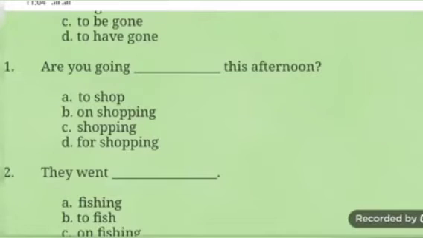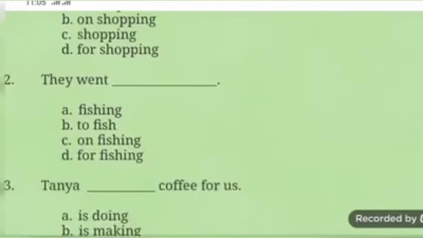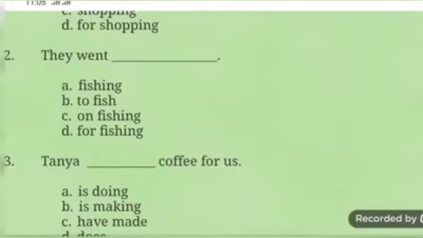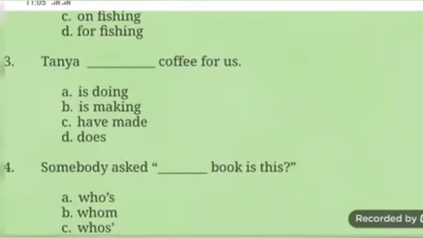For example, I am going shopping, I am going fishing. So the verb form of go must always be followed with the ing form of the verb. So here, are you going shopping? That's letter C. Remember that. And they went. Went is also a form of go, the past form of go. So you would say, they went fishing. Okay, there you go.